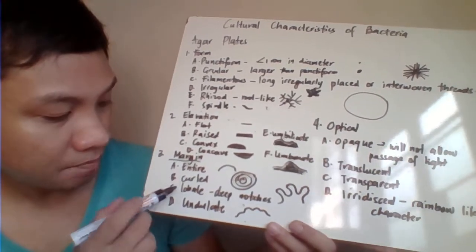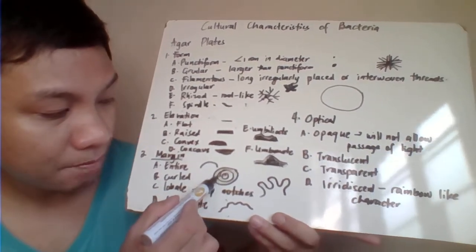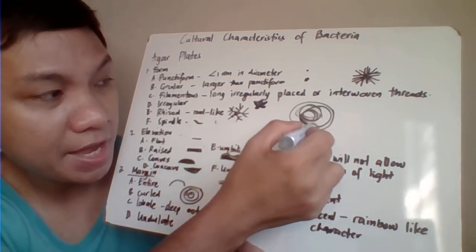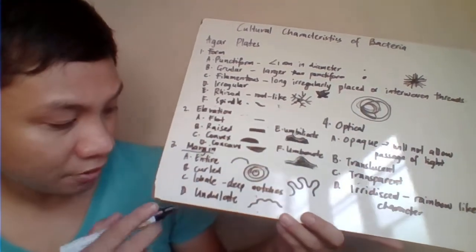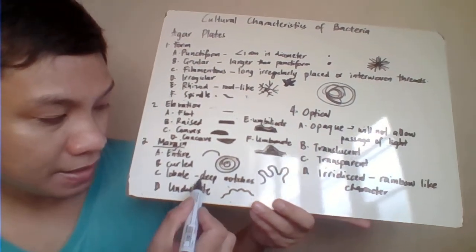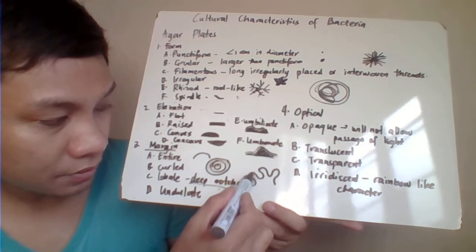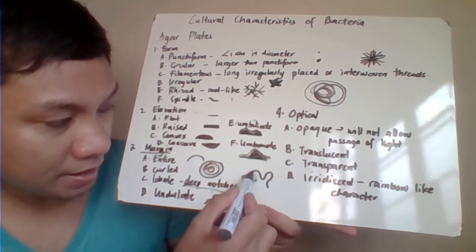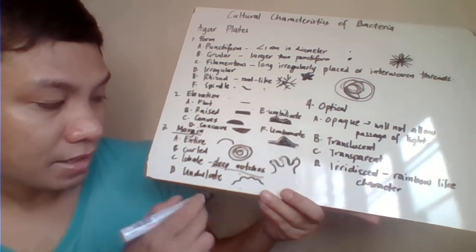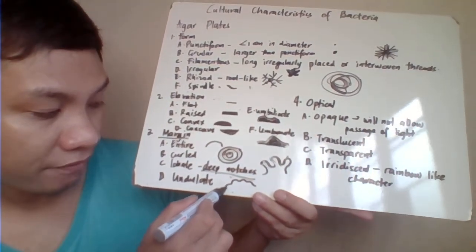Curled, on the other hand, is rounded, with different concentric layers. Then we have lobate, which has deep notches. So that's your lobate. Undulate, on the other hand, looks like a wave.